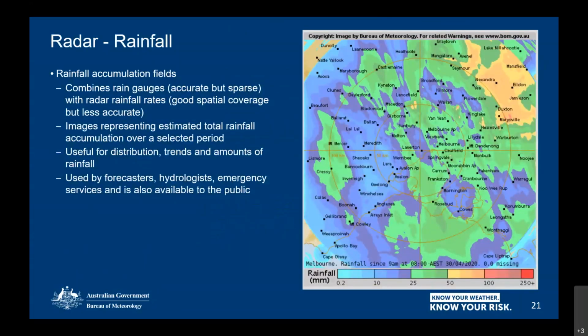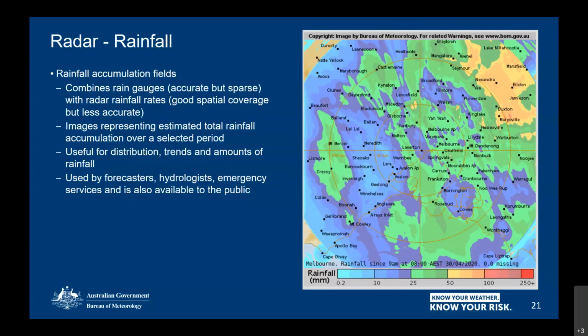Now, this was the rainfall accumulation one I was pointing out. This here was actually taken just in the last week when we had some of that decent rainfall over Melbourne. You can see that it's converted into millimetres down the bottom there. The way it's calculated is it combines the radar scans along with actual rain gauge data.